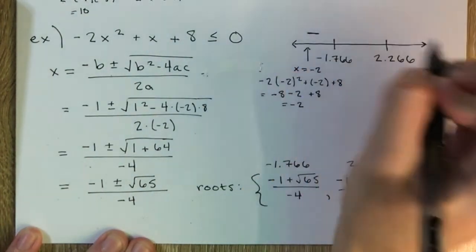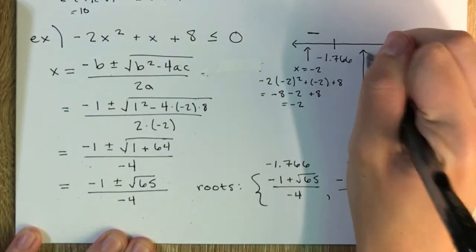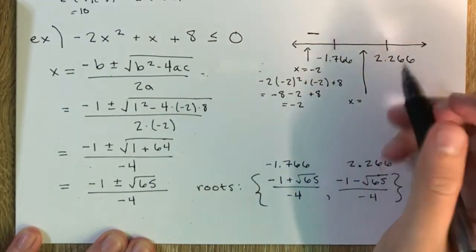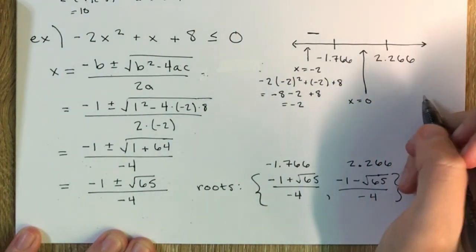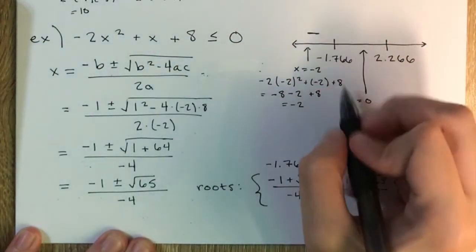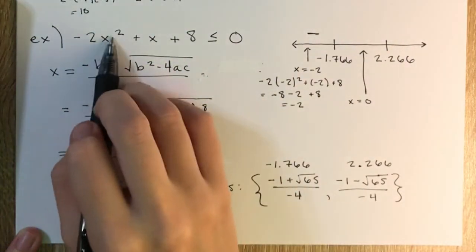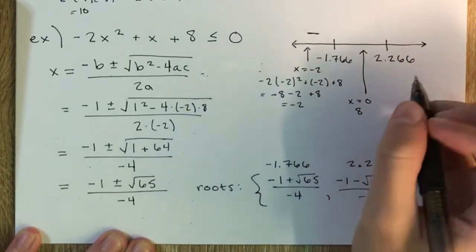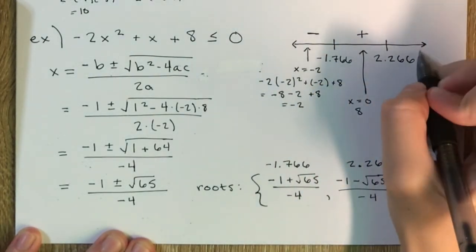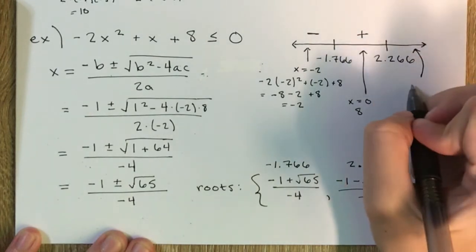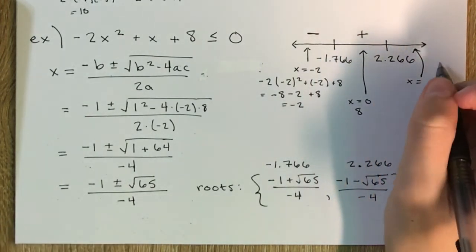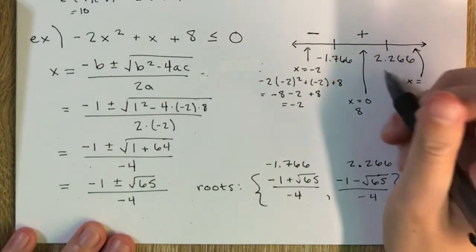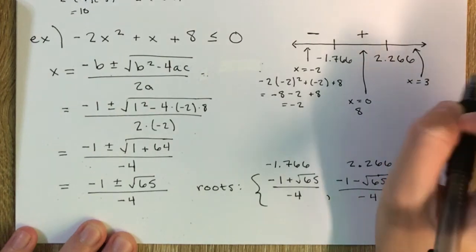So this is negative. I test something here. Something between negative 1.8 and 2.3 is 0. It's a great one to choose, because when we plug it in, this term and this term become 0. So we're just left with 8. That's definitely positive. And then if I wanted to test something over here, I can choose something that's larger than 2.266, which is 3.